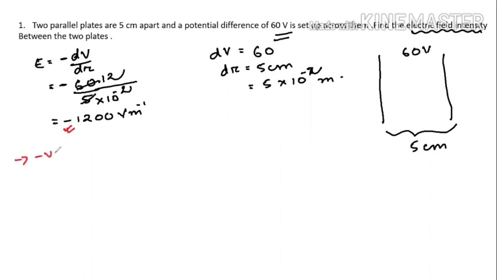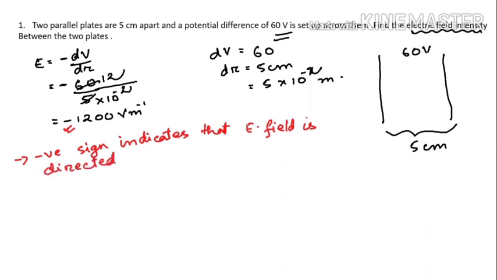This negative sign indicates that the electric field is directed in the decreasing electric potential region.